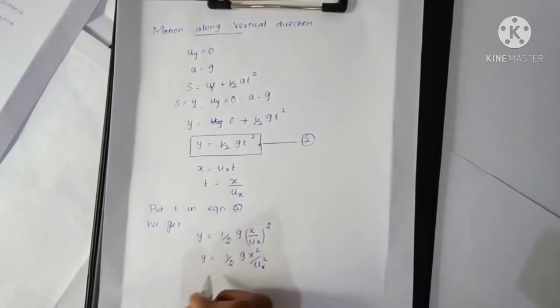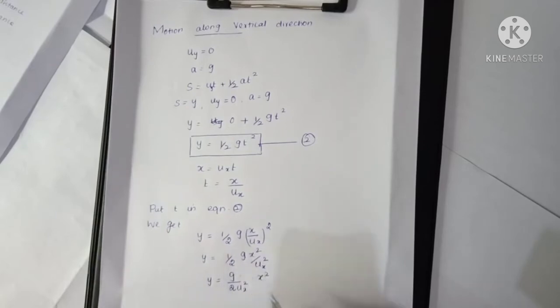If you rearrange this equation, you get y is equal to g divided by 2ux square into x square. Here k is a constant, that is g divided by 2ux square.